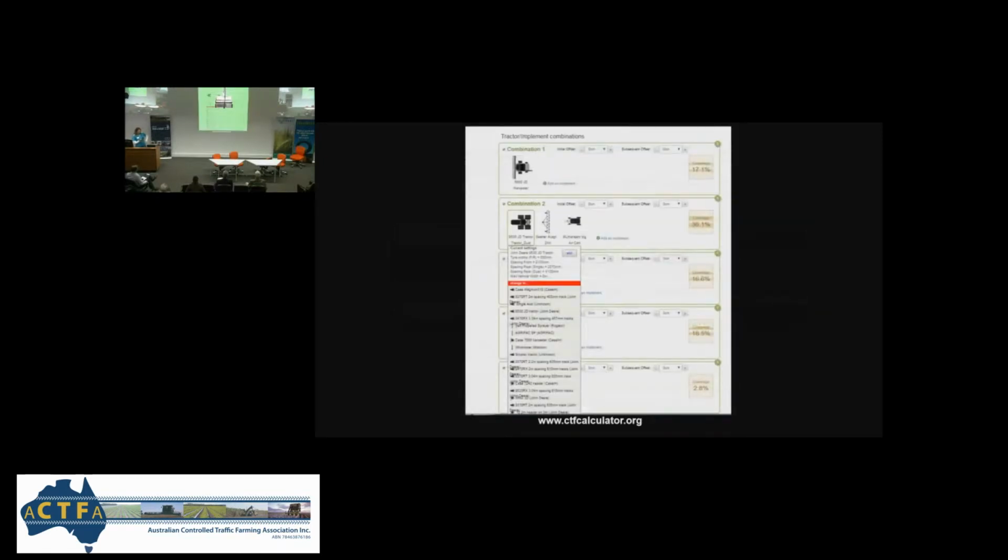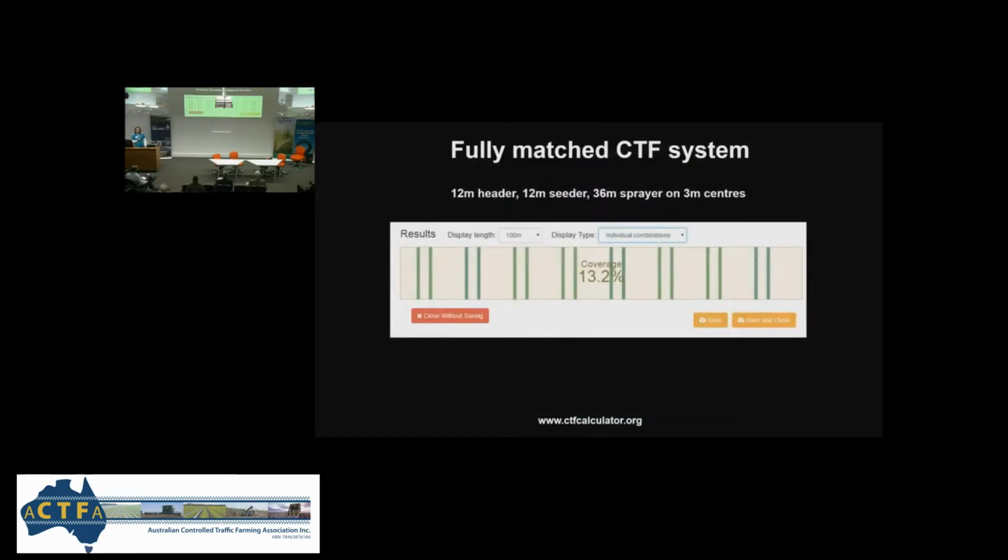So if you set up your machinery system in the CTF calculator, you can then start to have a play and put together your dream CTF system. So changing wheel tracks, spacings, machinery types, whatever you like. And ultimately, a fully matched CTF system is around about 10 to 13%, depending on what width you actually get, but that's what you can try and achieve.